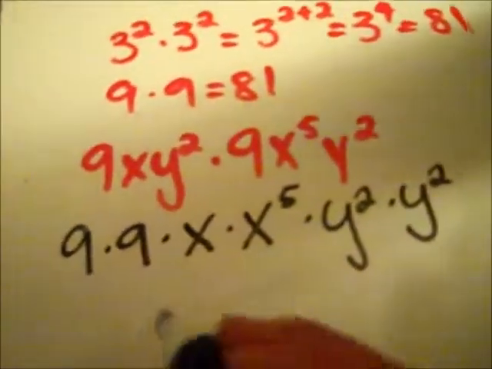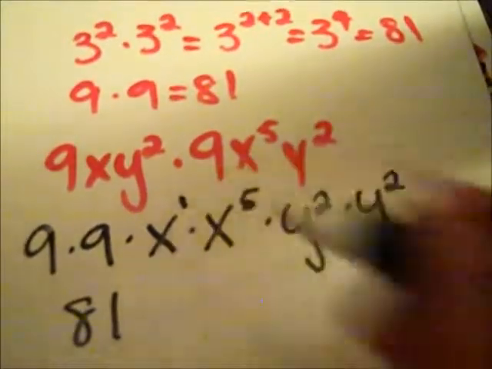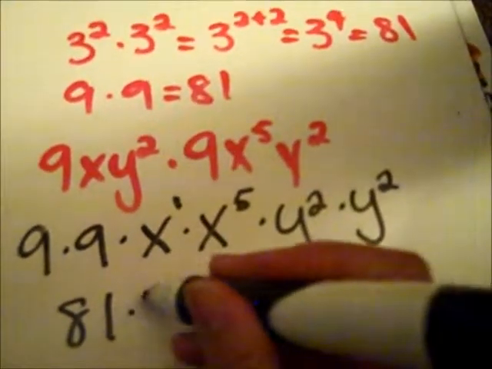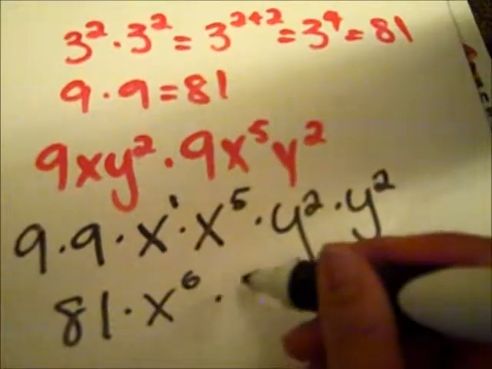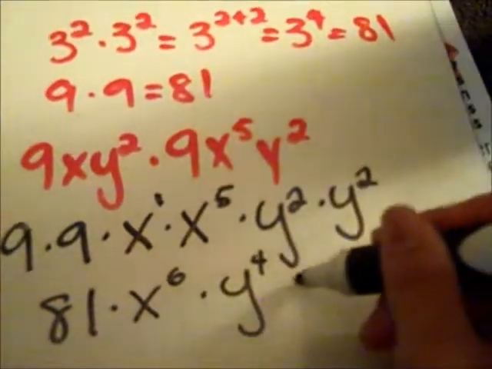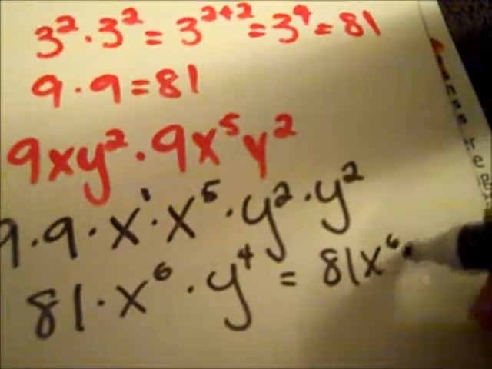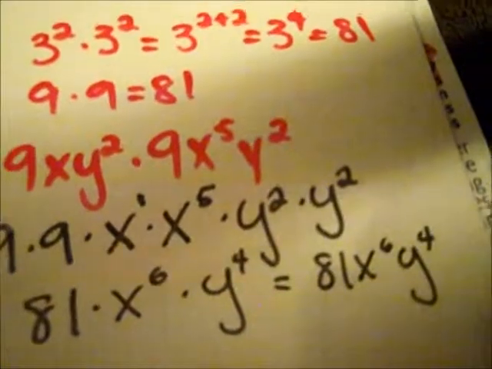Okay, remember, we're adding the exponents, but 9 times 9 we already know, 81. X to the 1st power times x to the 5th power gives us x to the 6th times y to the 2 plus 2 is 4. So this is 81 x to the 6th y to the 4th.